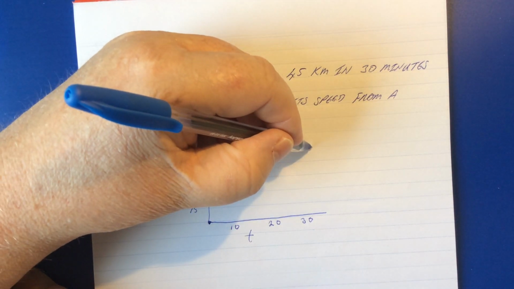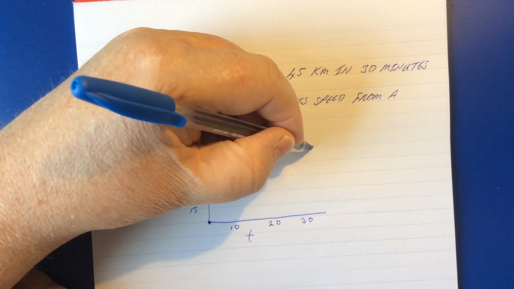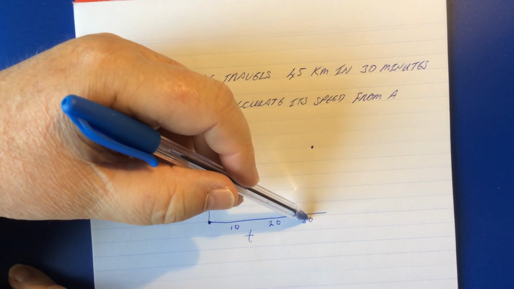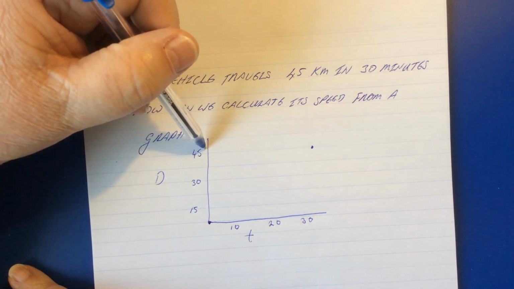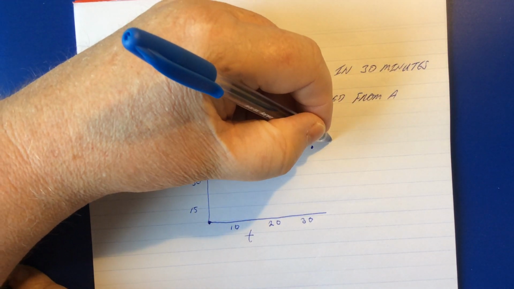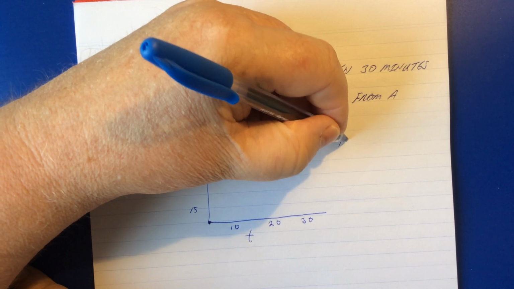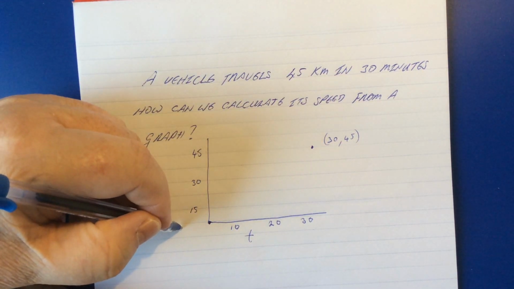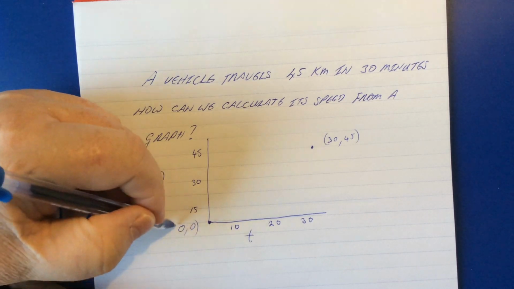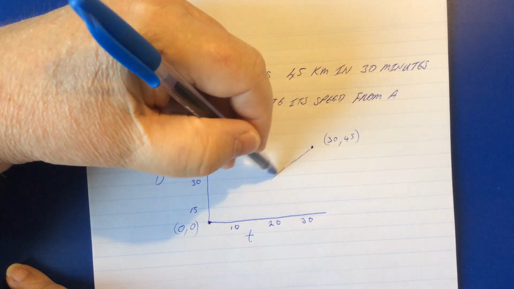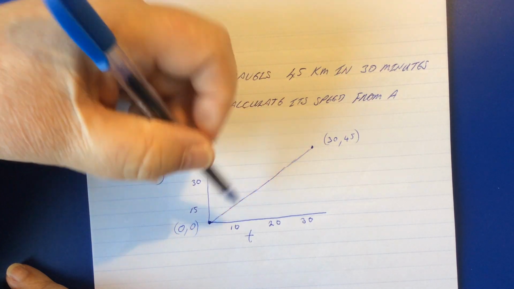Now, if it does that, it creates a coordinate on the graph that is 30 minutes, that's the x value, and 45 kilometers, which is the y value. And that's our point here, 30, 45. And if it started down here, the coordinate here is 0, 0. And I'll just sketch in a line. This is meant to be a straight line.